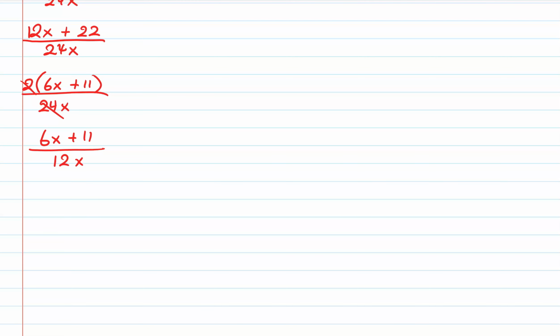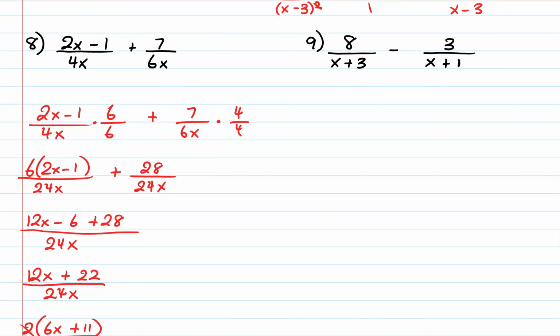Cool. The next question I had over here was 8 over x plus 3 minus 3 over x plus 1. We'll do the exact same thing. We'll multiply by the denominator from the other term. So we'll have 8 over x plus 3 multiplied by x plus 1 over x plus 1. Now x plus 1 over x plus 1 is actually just 1, but we're multiplying it with that. Minus 3 over x plus 1 multiplied by x plus 3 over x plus 3.